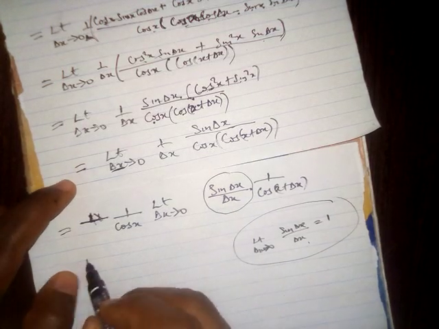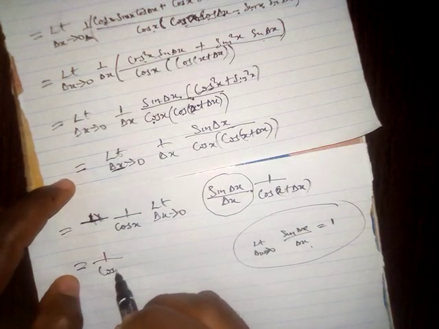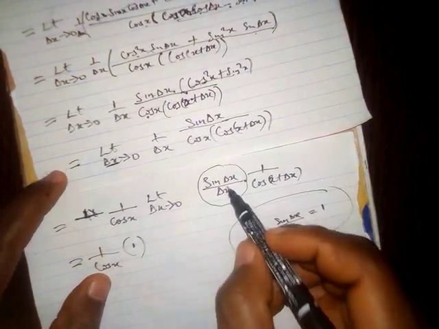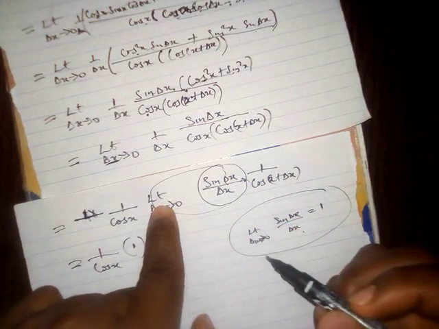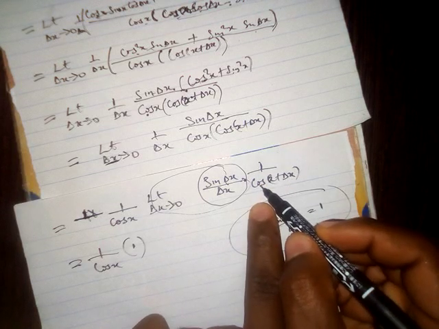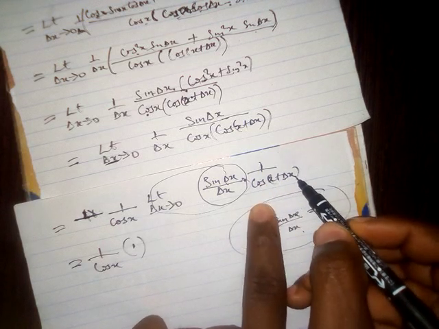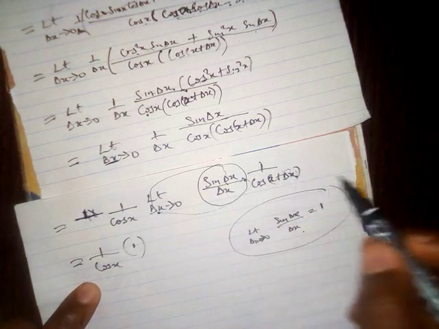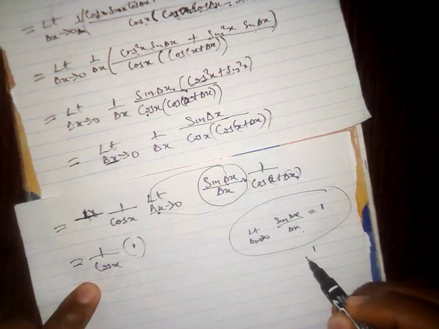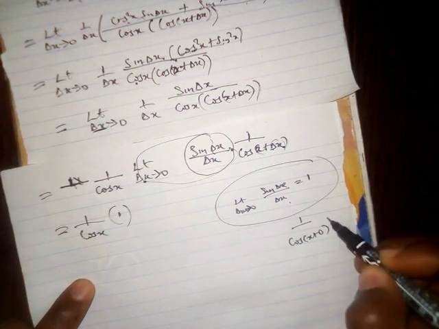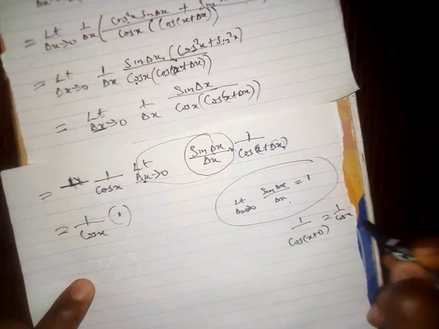So this will now be equal to 1 over cos x. We have this as 1. Now the limit of 1 over cos x plus change in x, if you put change in x to be 0 here, we will have 1 over cos x plus 0. This is equal to 1 over cos x.